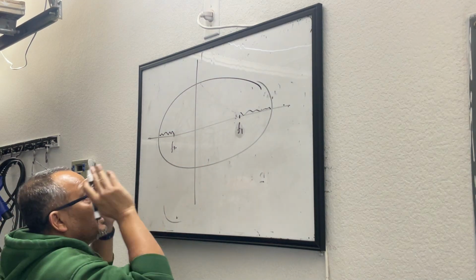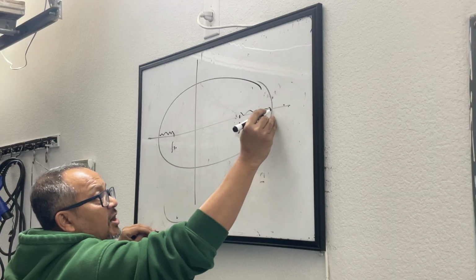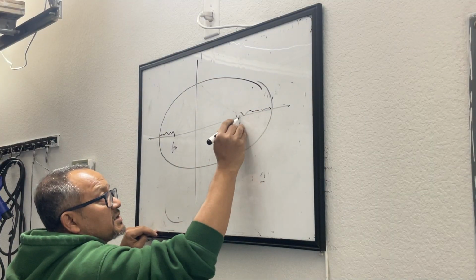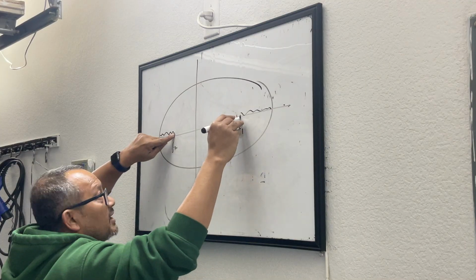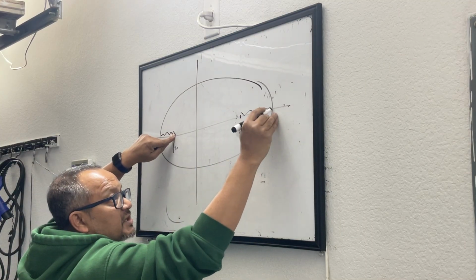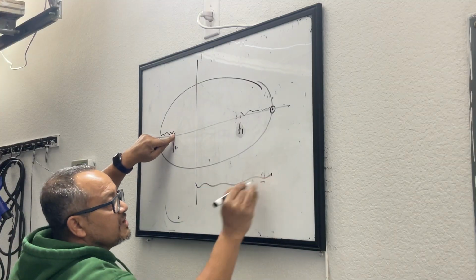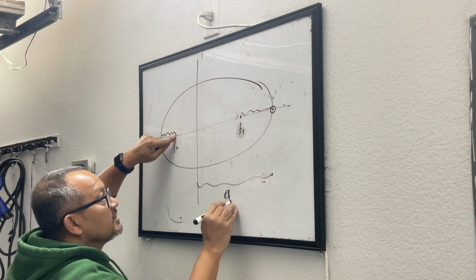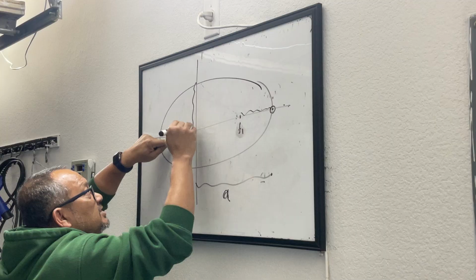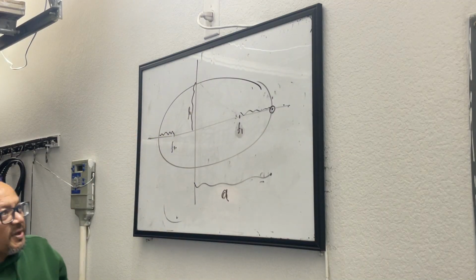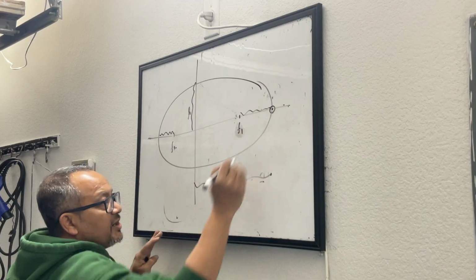It says any point along the perimeter of this ellipse, sum of the distance from this to that point. Let's say I'm picking up this extreme point, this one. We know this distance here to here is A. This distance here to here is B. So we are picking up this extreme point.